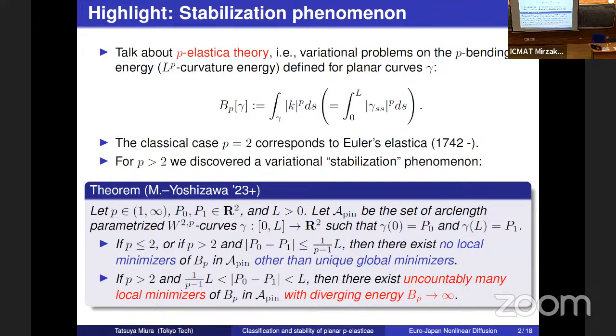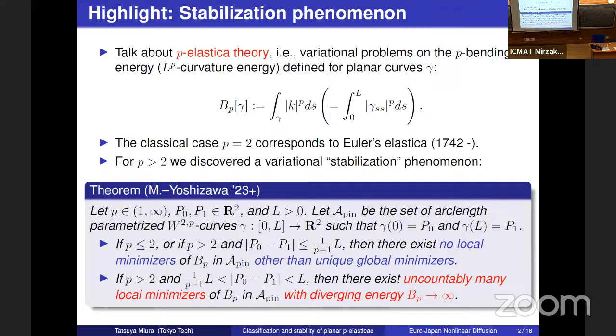Okay, and we consider the admissible set. We denote it by A_pin, meaning it is the set of arclength parameterized W^{2,p} curves in the plane with length L, and the endpoints are pinned at P0 and P1.